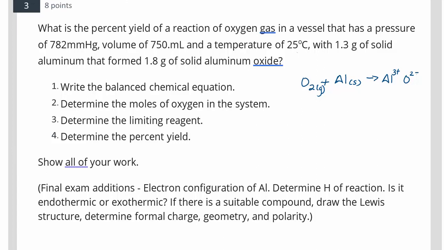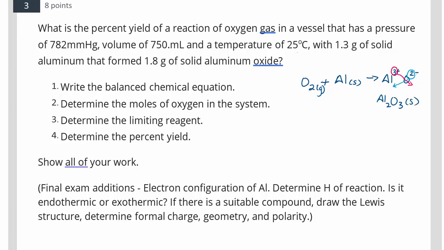When you have these mixed numerical values for the charges, you take the number of the cation, and that becomes the subscript of the anion. And then the number of the anion becomes the subscript of the cation. So when I go to write this chemical formula, it would be Al2O3, and it specifically says it's solid.